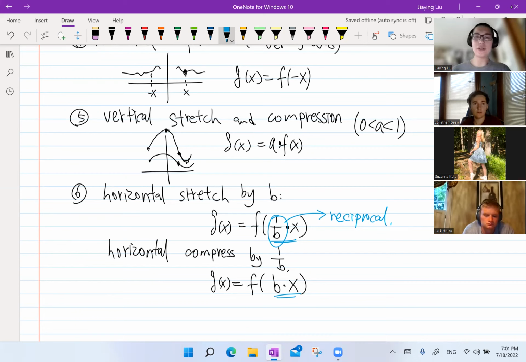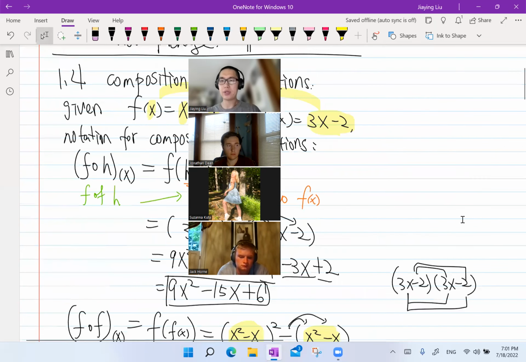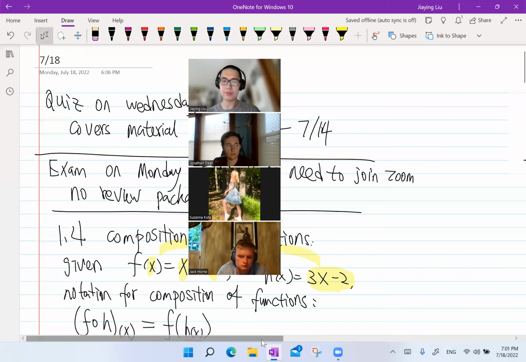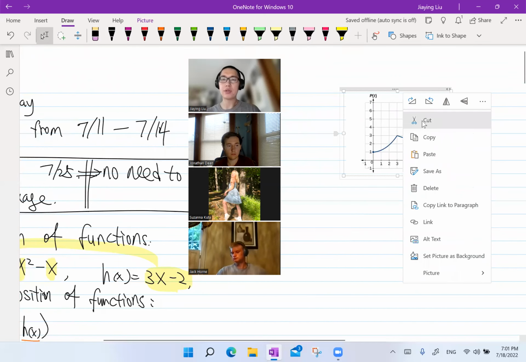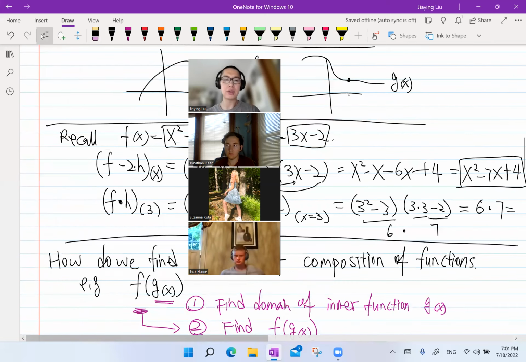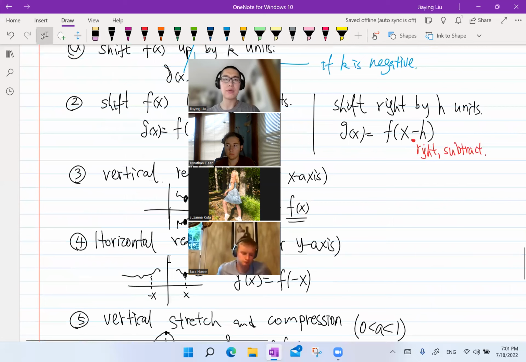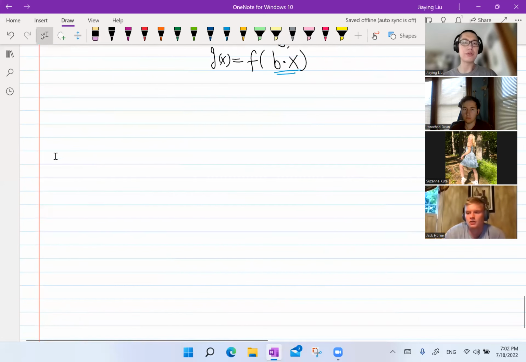All right, with that said, let's look at an example here. I have one example, my graph. So here's the graph. And what we're going to do is perform a few transformations.